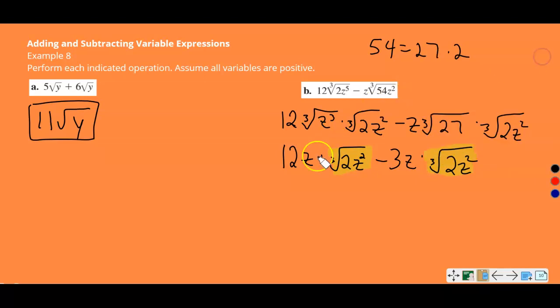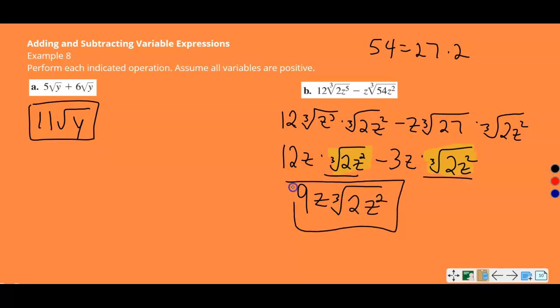All right, so now we have 12z minus 3z. So 12z minus 3z is just going to be 9z. And then this stays the same. So cube root of 2z squared. And that is our simplified version for B part.